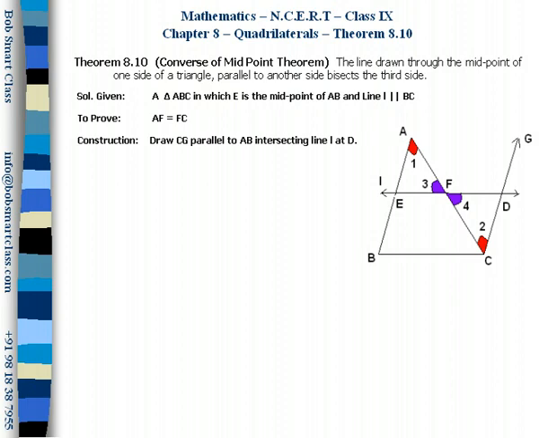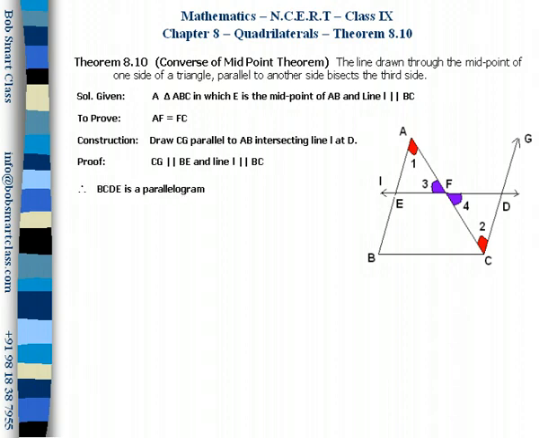Construction. We will draw CG parallel to AB, intersecting line L at point D. Now let's try to prove it. We have CG parallel to BE and line L parallel to BC, which are given.